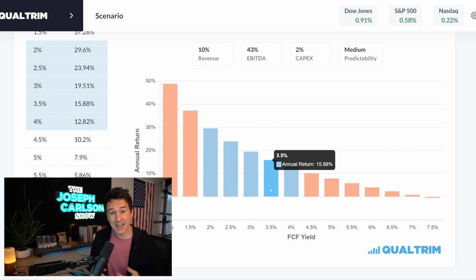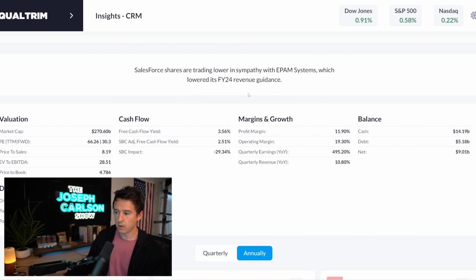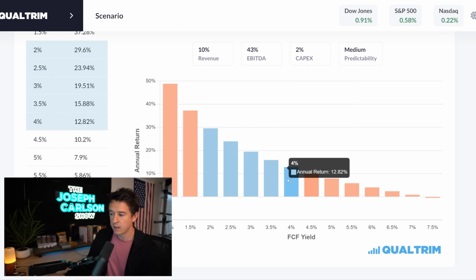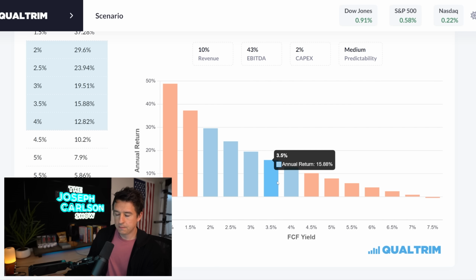And that's kind of what I expect. I expect Salesforce will trade somewhere around a 3.2% to a 3.7% yield for the next 5 years. And if it does, based on this amount of cash flow, the company will have around a 15% return. So that is what I'm assuming with the stock.